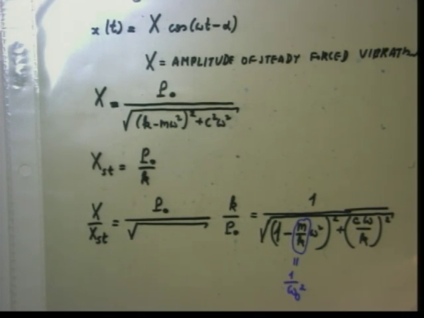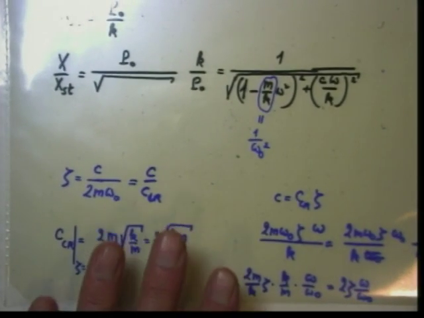So I get a very nice thing: 1 minus m squared, omega squared divided by omega 0 squared, plus c omega over K. Now you probably guess that we will bring this zeta also into play.